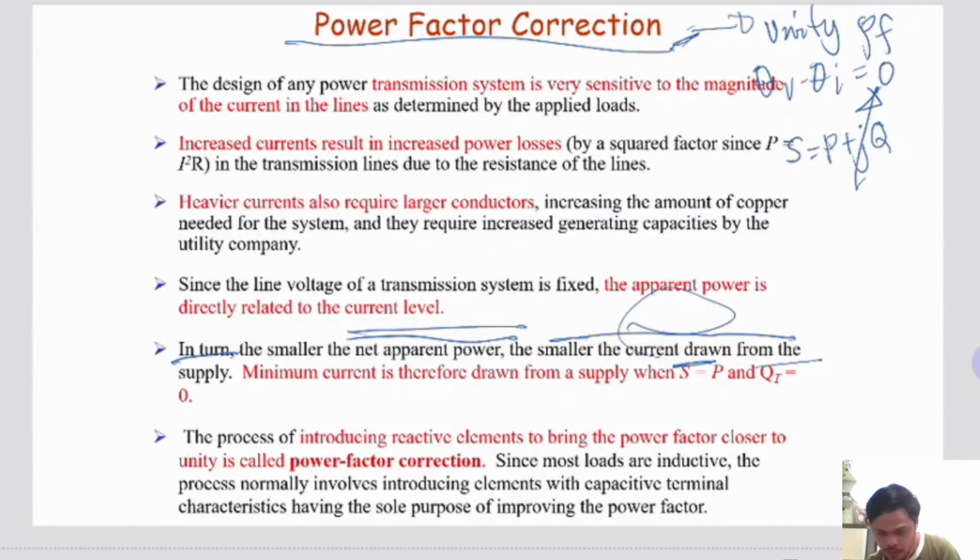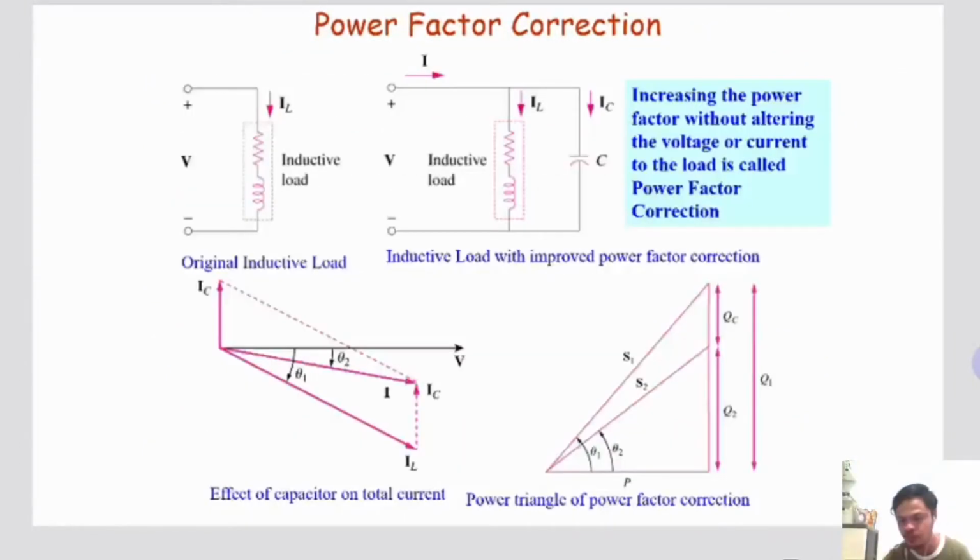The process of introducing reactive elements to bring the power factor closer to unity is called power factor correction. Since most loads are inductive, the process normally involves introducing elements with capacitive terminal characteristics in order to improve the power factor.